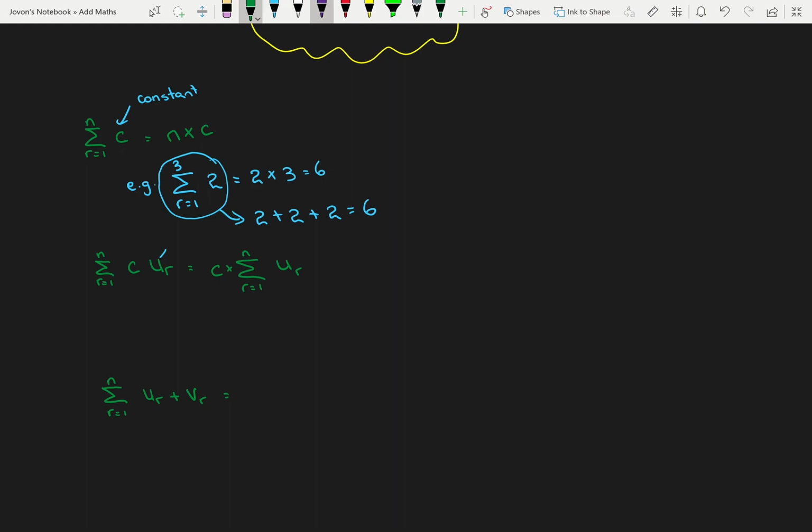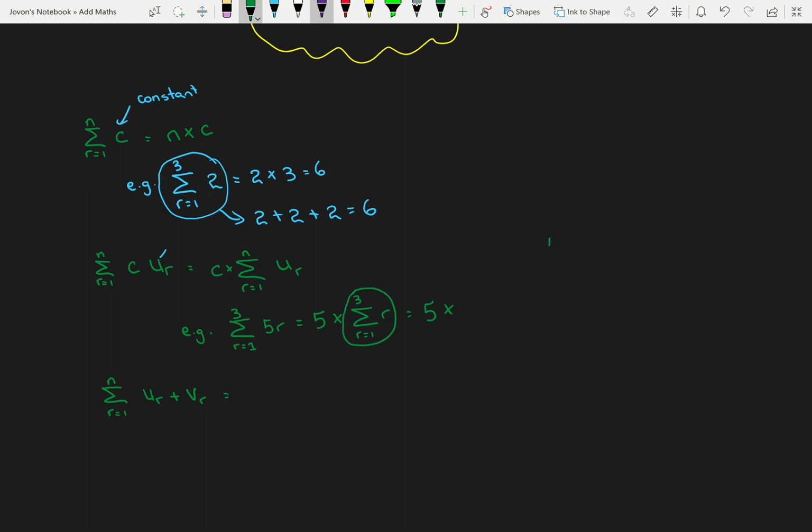So for example now, let's say we have the sum from r is equal to 1 to 3 of 5r. All this says is that this is equal to 5 multiplied by the sum from r is equal to 1 to 3 of r, which is equal to 5 times, and remember, we have an equation for this.